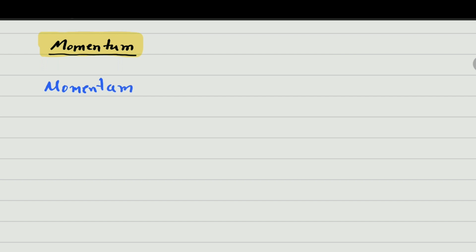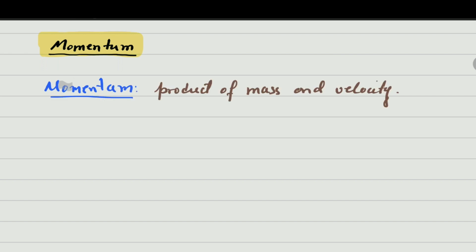Now, by definition, momentum is the product of mass and velocity of an object. Momentum is the product of mass and velocity of an object. The symbol used for momentum is the letter p. It's a small p, but sometimes you can find a capital P and that won't make any change.